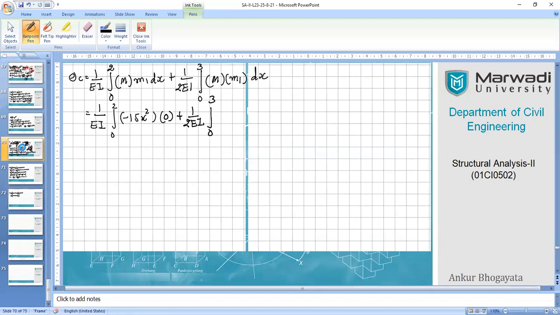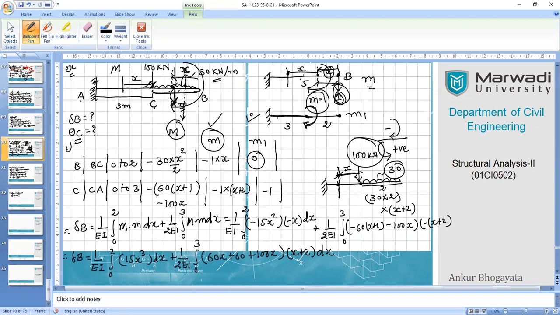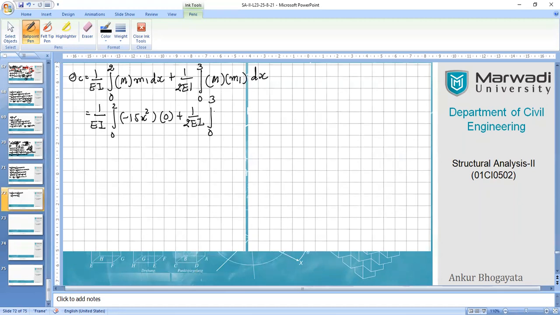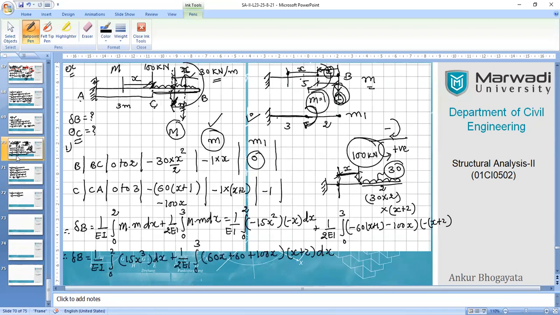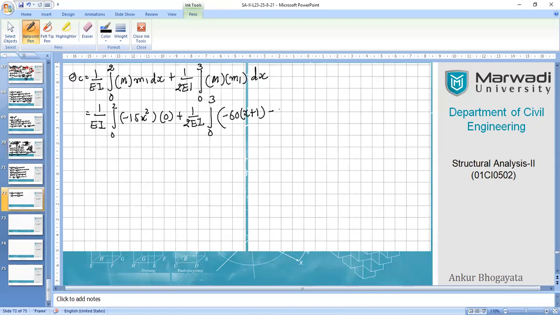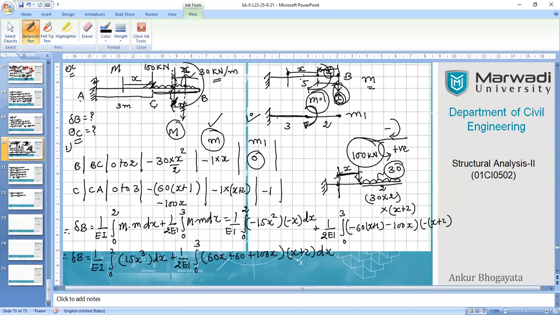Now capital M, how should we write? Okay, so again negative 60 into x plus 1, minus what should be there else, 100x, that is capital M, and M1, what is that? Oh, minus 1 only.